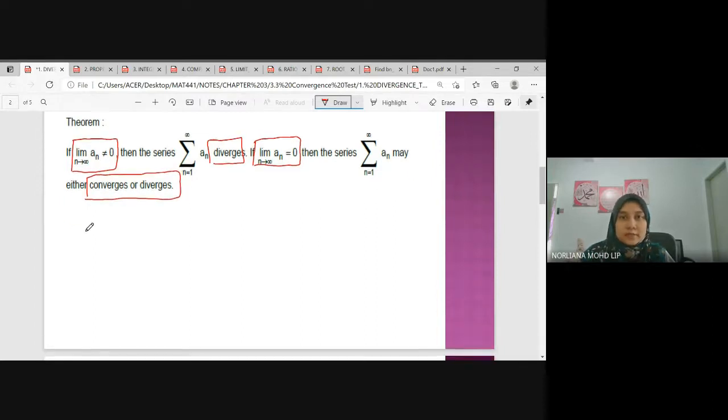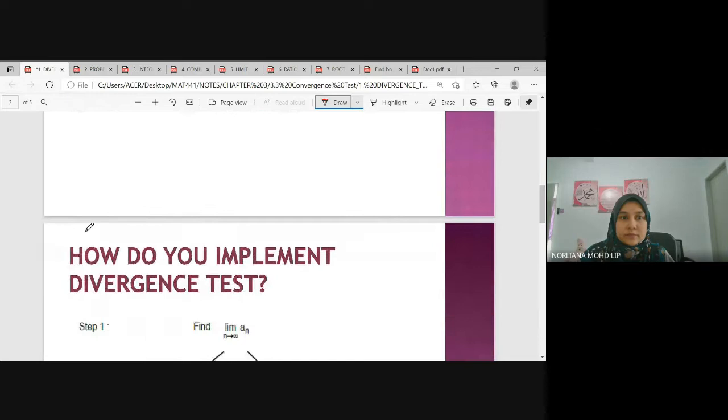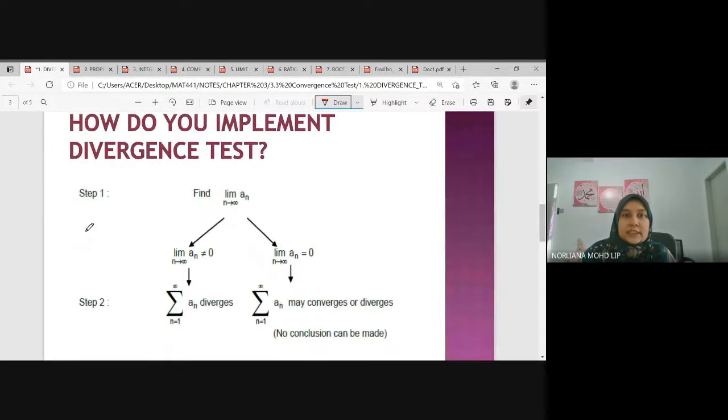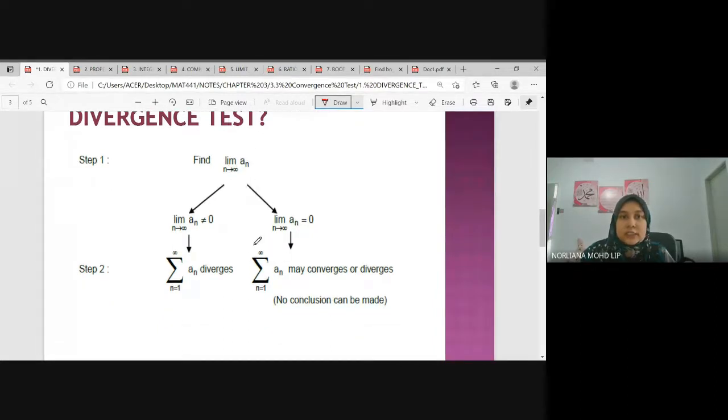Okay, look at example. Okay, how do you implement this divergent test? Okay, first step you have to find the limit of an when n approach infinity. Okay, if the limit is not equal to 0 when n approach infinity, so it is diverge. Step 2, the conclusion lah.